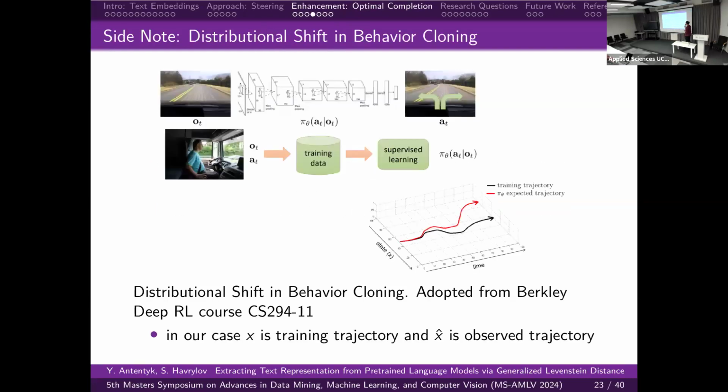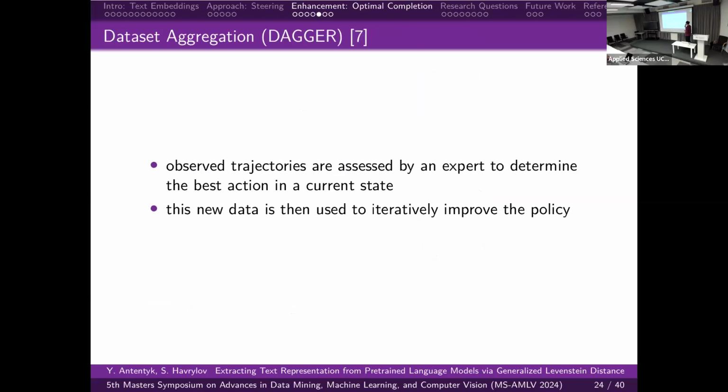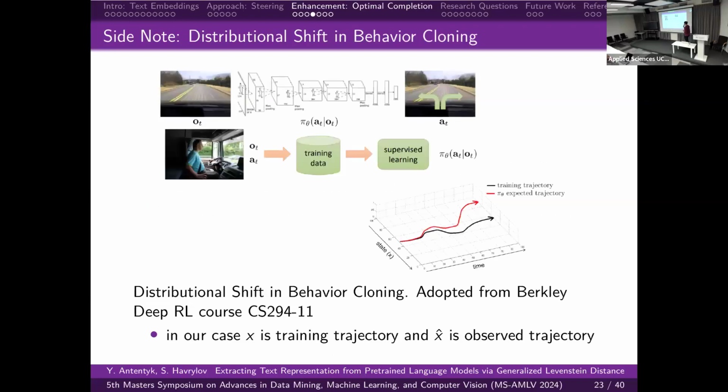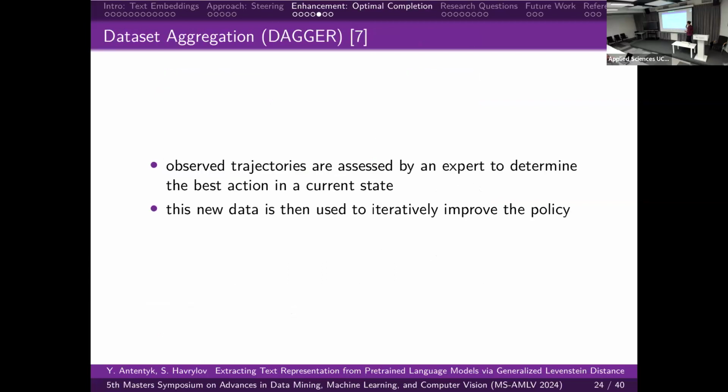The idea is that you take this red policy which failed, and a human expert provides the ground truth actions that should have been taken. You then combine your dataset to include the red and black trajectories, and you train your policy once more. Eventually, when there is lots of data, the car will stop failing.